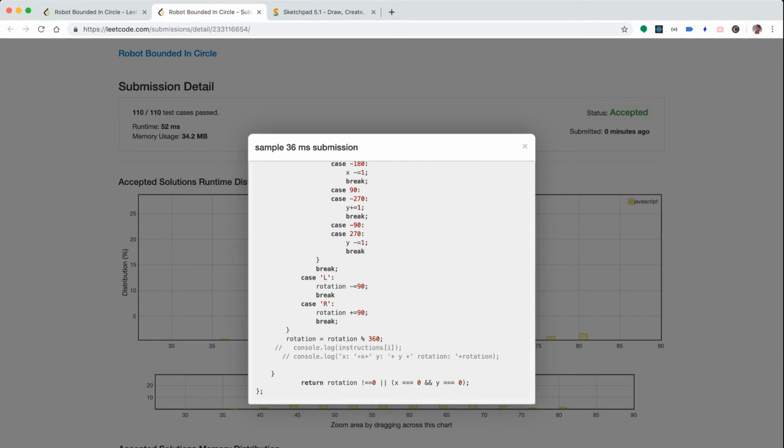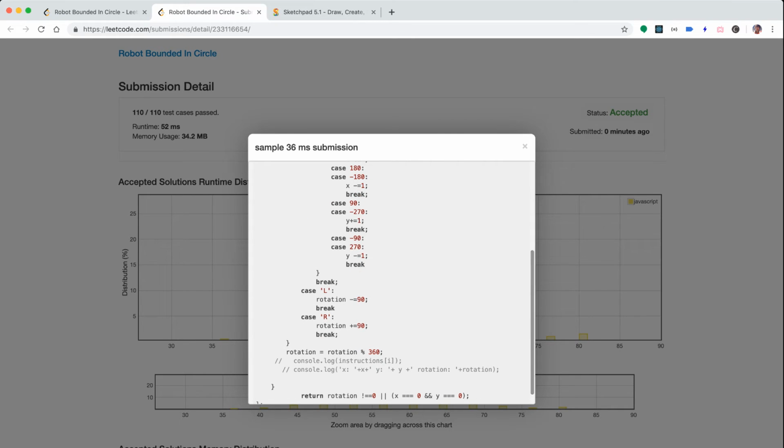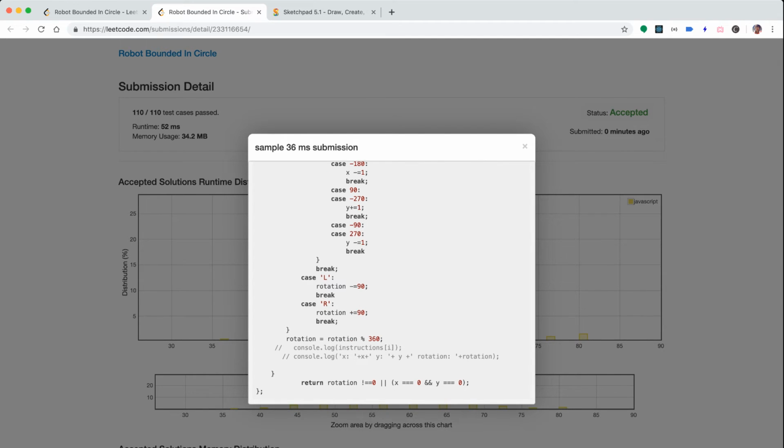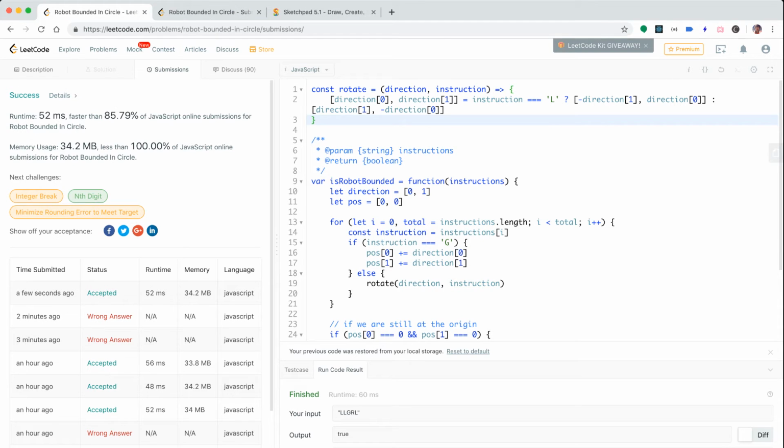Return 0. So they're actually doing the same, but it seems that we are losing some time by calling a function. If we inline this function, will it help?